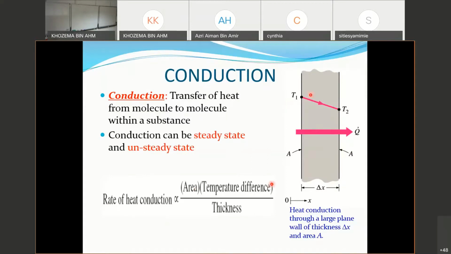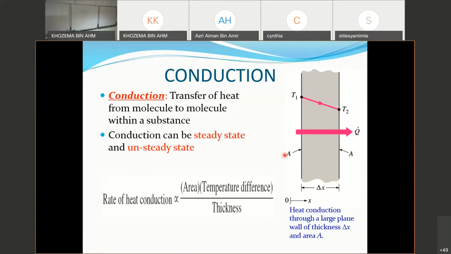You can see here, this is an illustration of how a wall will look. The direction of heat transfer is from left to right, the temperature difference is T1 to T2, this is the thickness of heat transfer, and the area perpendicular is the area of the heat transfer.